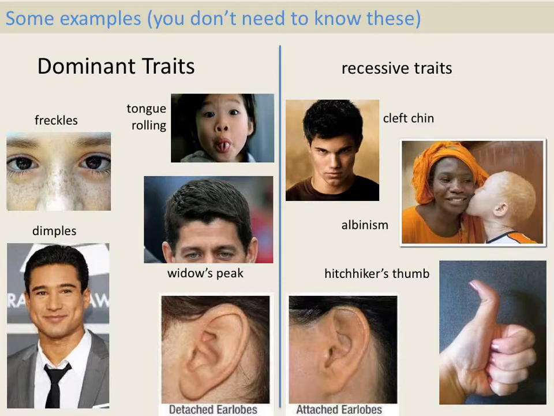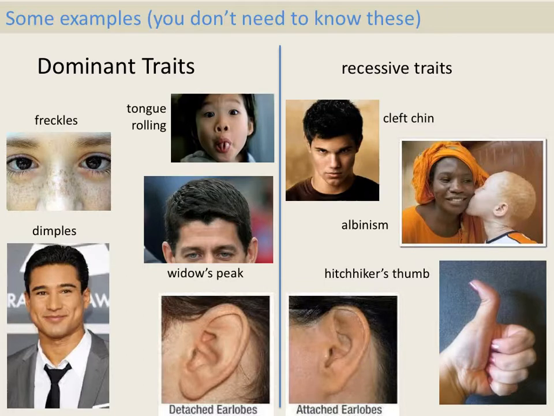Count your lucky stars. Anyway, tongue rolling is a dominant trait. Now each of these things, all you need is one gene. It's monogenic. That means you have different alleles, but it's only one gene. So if you have one of those alleles, you'll be able to roll your tongue.